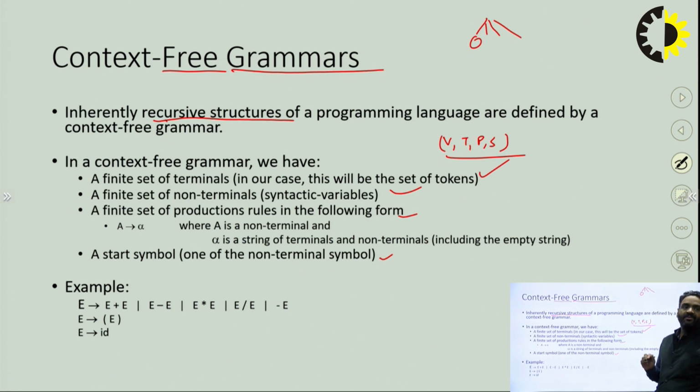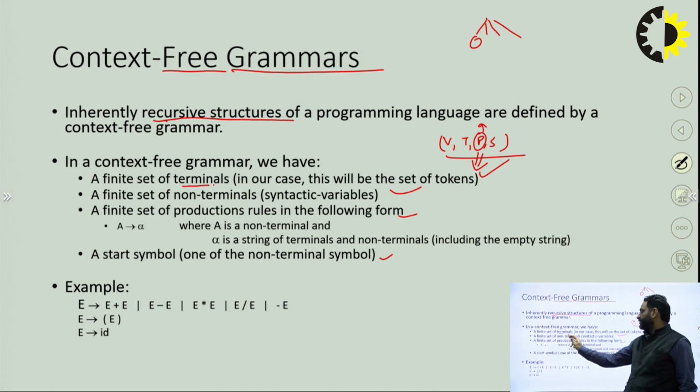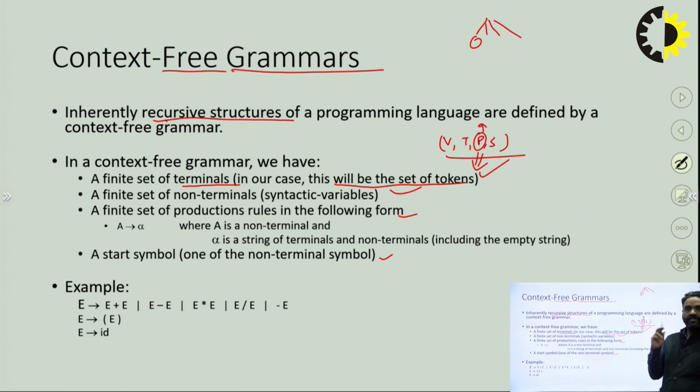When we talk about context-free grammar, it differs by means of its production construction. Terminals represent tokens in a compiler, or we can say these are the special kind of symbols used in a particular language. So these are terminals. Next, what is a non-terminal?